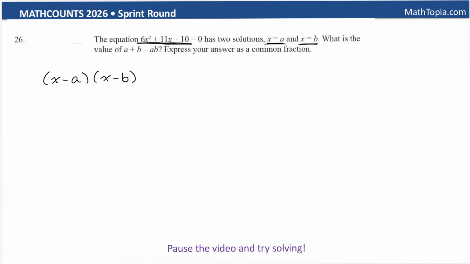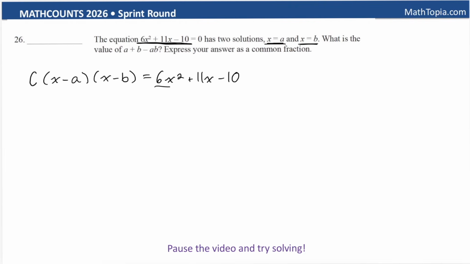And then we're also going to have a constant term. This is not a root. I'm just going to call it capital C, and that would be basically this 6 right here. And this equation is just the factored form of 6x squared plus 11x minus 10.